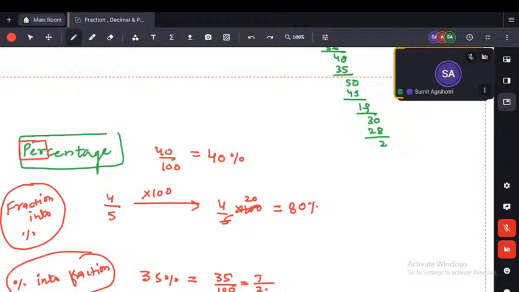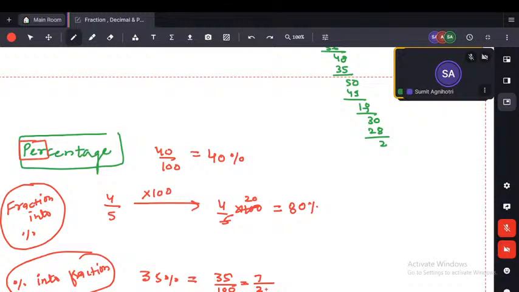How can you convert 0.75 into percentage? You will multiply by 100. That will give you 75%. 0.75 is equivalent to 75%. Understood?